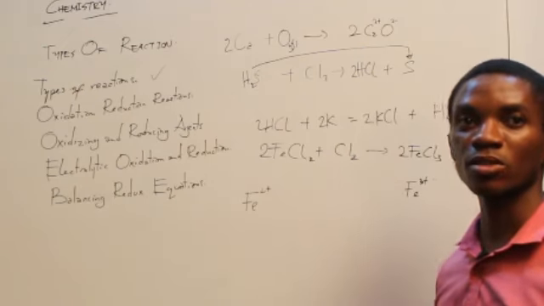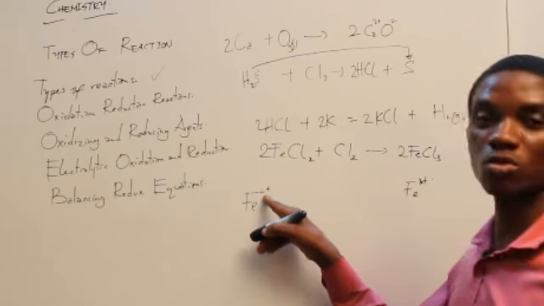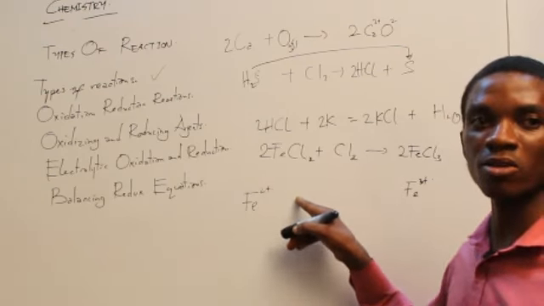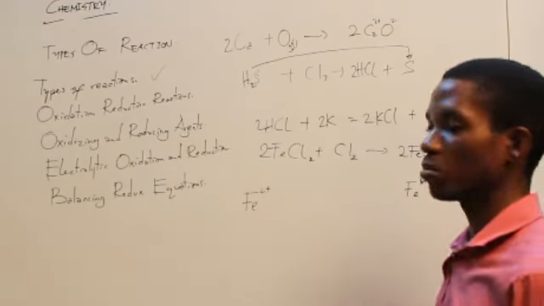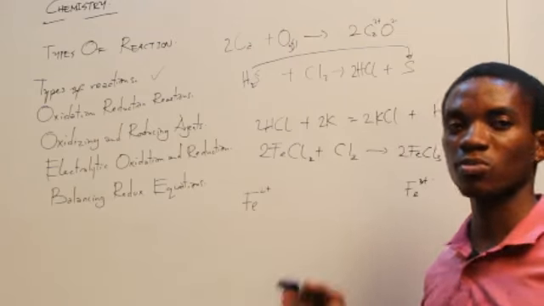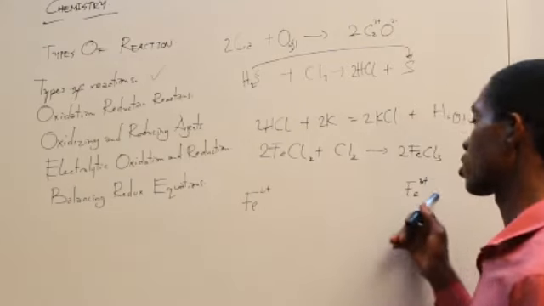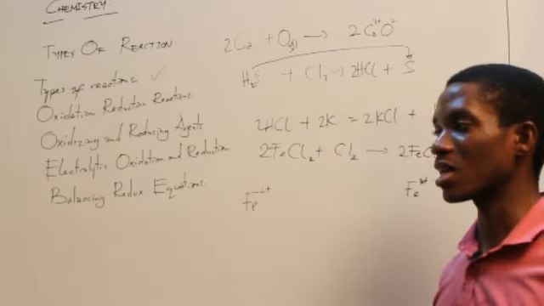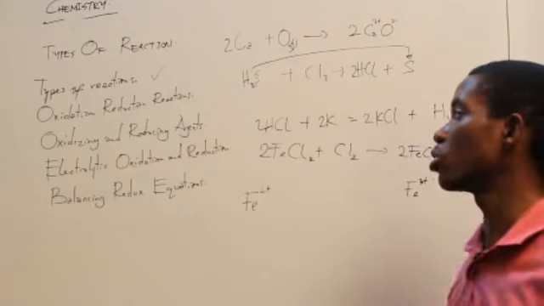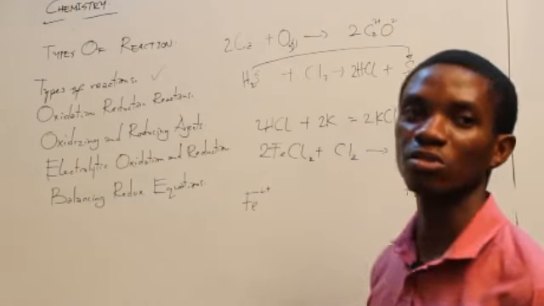It is giving away -1. So +2 minus -1 will become +2 + 1, which gives us +3. So that's how we go about the calculation for whether it is an oxidizing agent or a reducing agent.